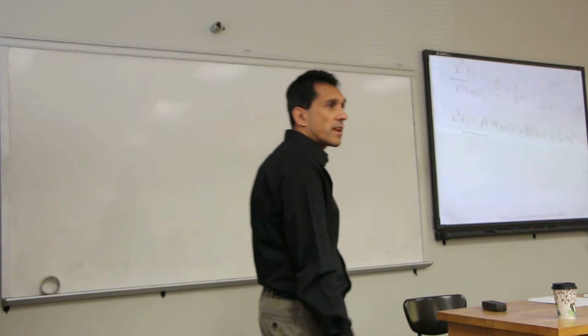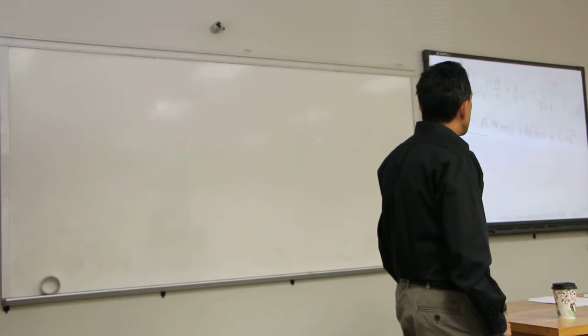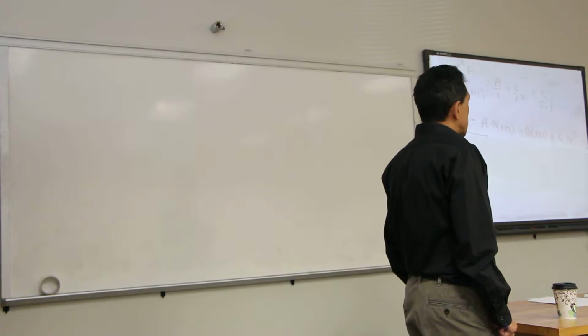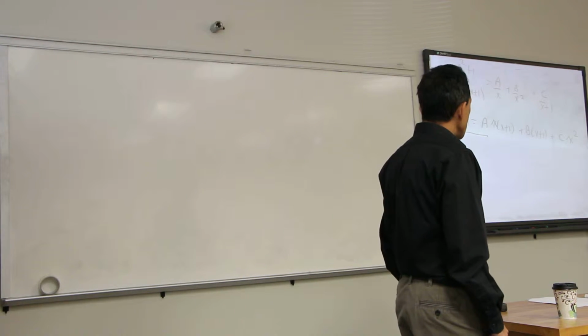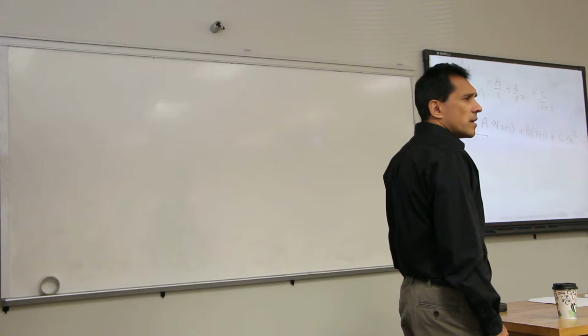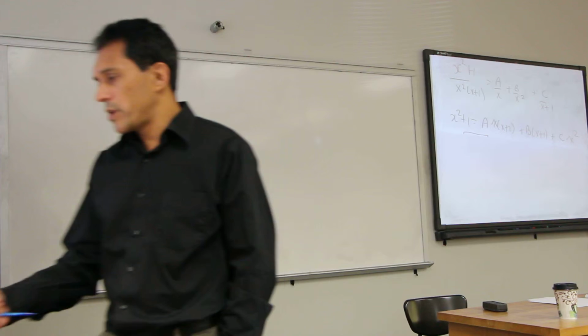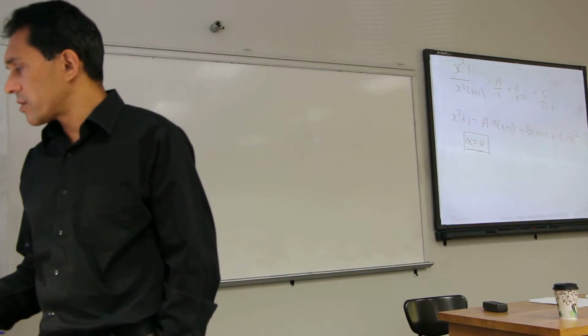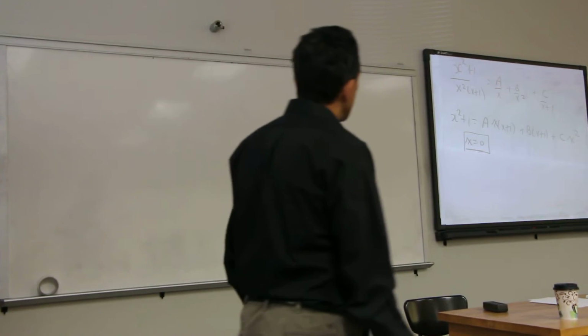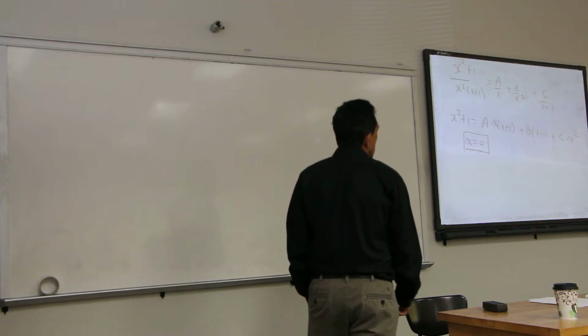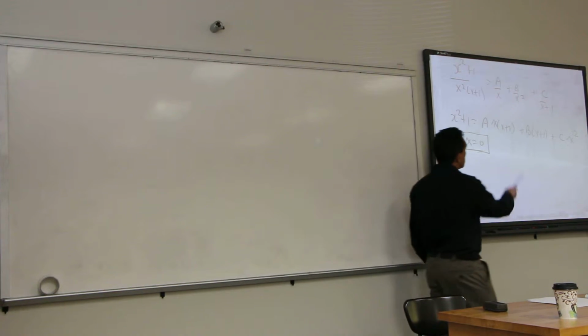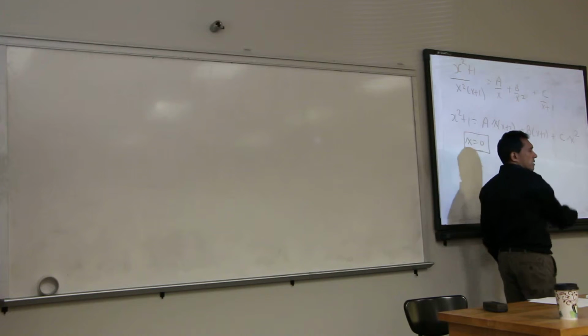We'll put some suitable values of x in there. I would recommend x equal to negative 1, x equal to 0, and you may choose any other third value you want. When you put x equal to 0, on the left-hand side you will be left with 1, and on the right 0, 0, b.